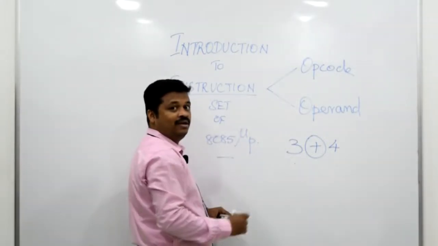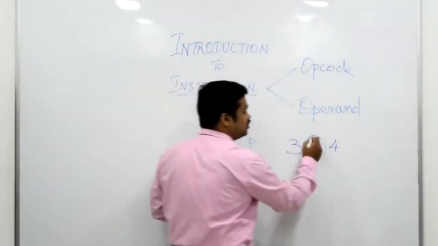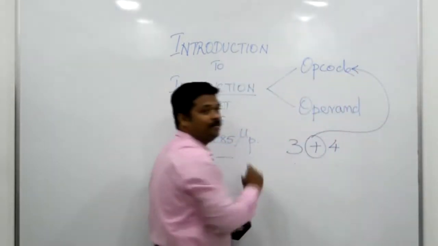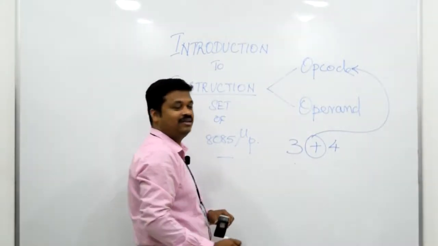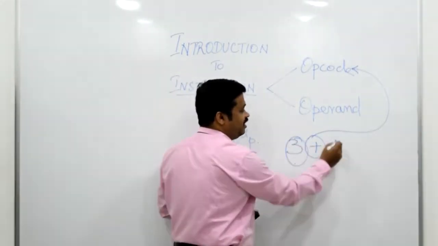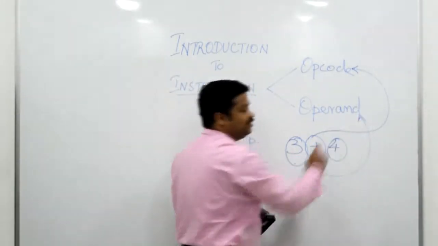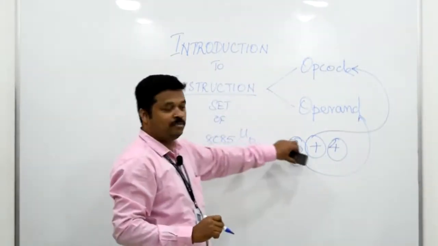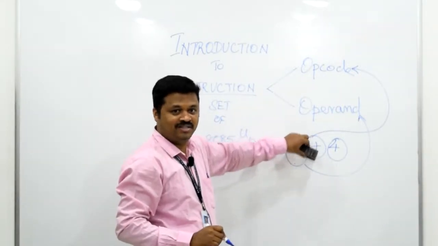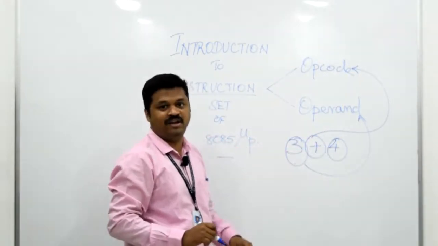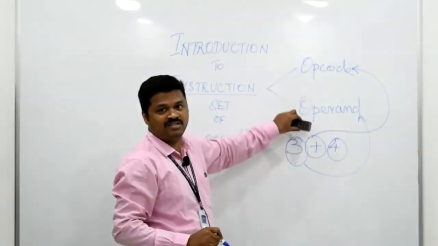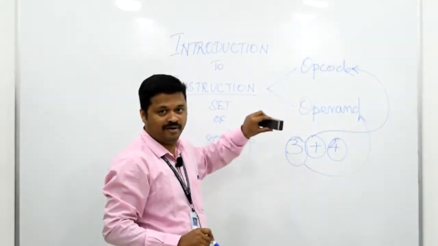Now we will merge with the opcode and operand. The task to be performed is called the opcode, so addition is the opcode. The data to be operated on, 3 and 4, is called the operand. Very clear? The task to be done is addition. The data to be operated on is 3 and 4. Now every instruction will have an opcode and an operand.